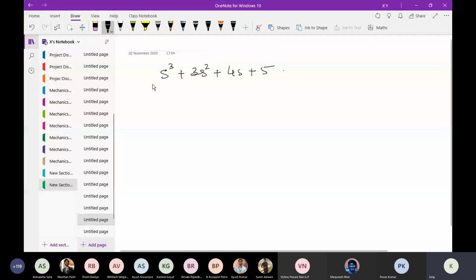Okay, just something random. Now, what if you substitute, replace S by S minus sigma?